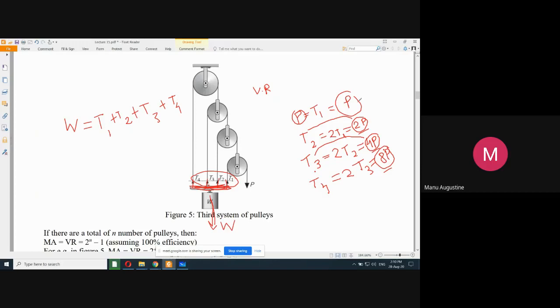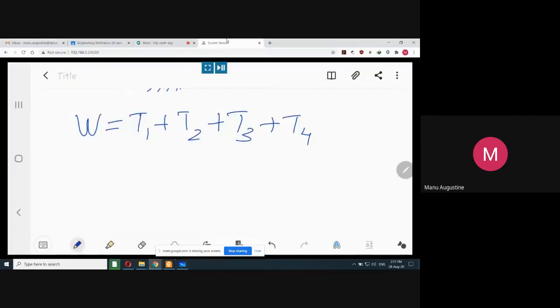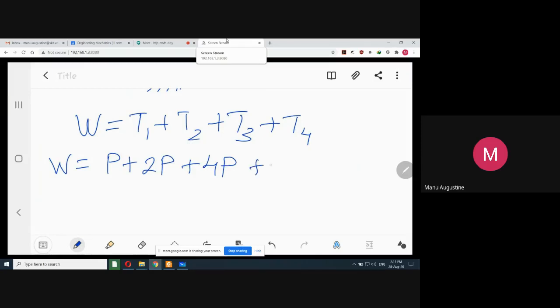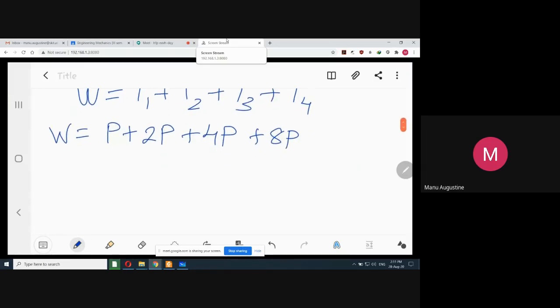T1 is P, T2 is 2P, T3 is 4P, T4 is 8P. इसको सब्स्टिट्यूट कर देता हूं यहां पर ला करके. So W is equal to P plus 2P plus 4P plus 8P. Now if you look at this series P, 2P, 4P, 8P, this is a geometric progression.